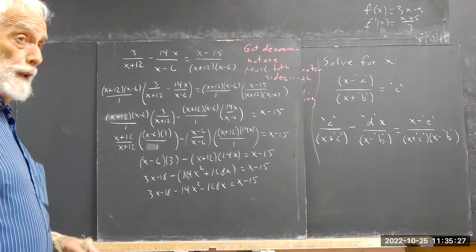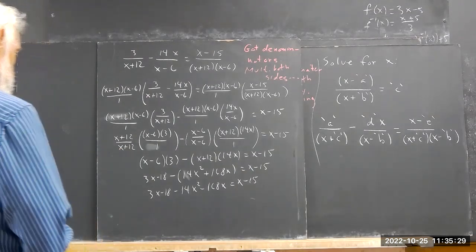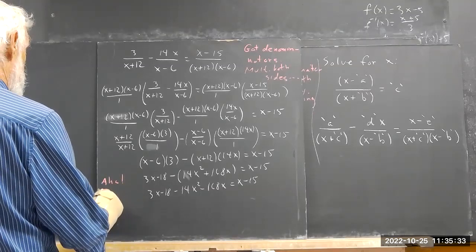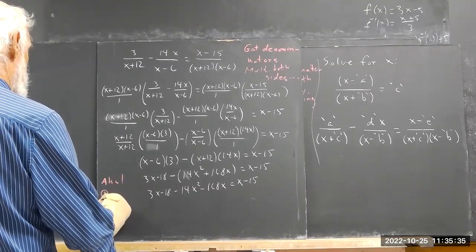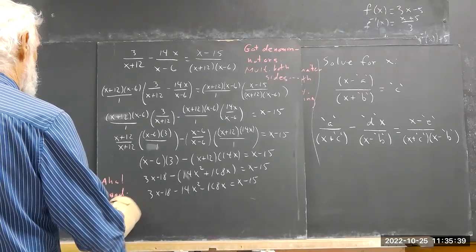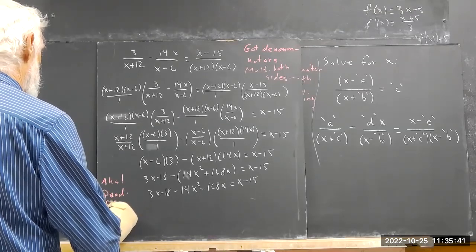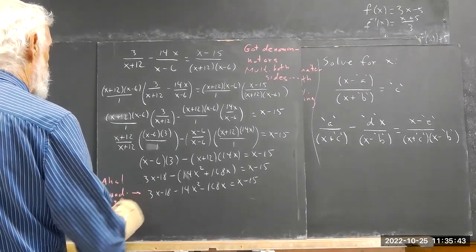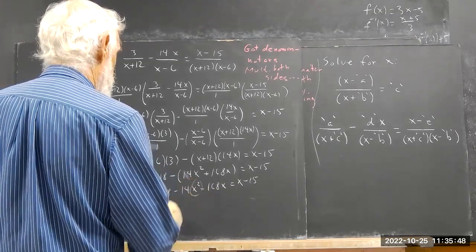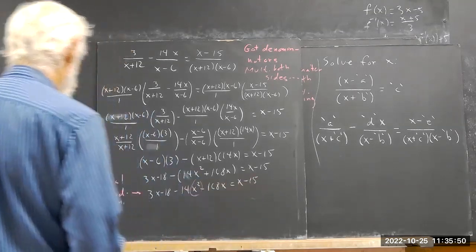And then we recognize it's a quadratic equation, because we got the x squared here, we got x's, and we got numbers.